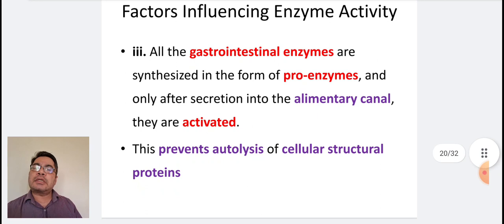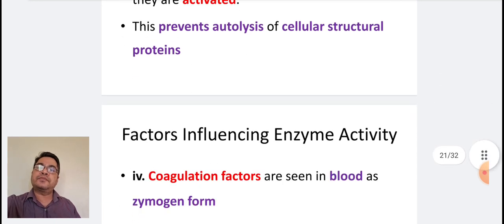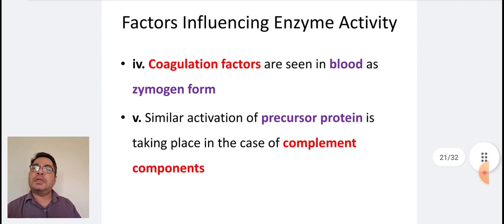All the gastrointestinal enzymes are synthesized in the form of proenzymes, and only after secretion into the alimentary canal they are activated. This prevents autolysis of cellular structural proteins. Coagulation factors are seen in blood in zymogen form.